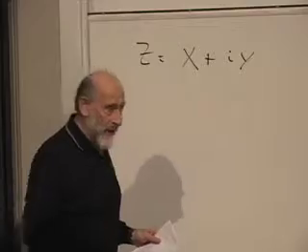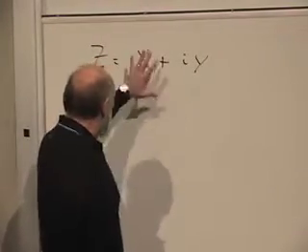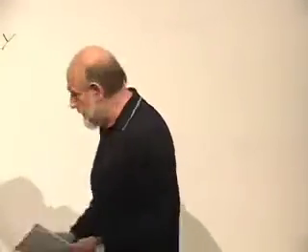All elementary algebra, multiplication and addition of complex numbers, is exactly the same as if they were ordinary numbers, except you must remember that i squared is -1. That's the theory of complex numbers in a nutshell.